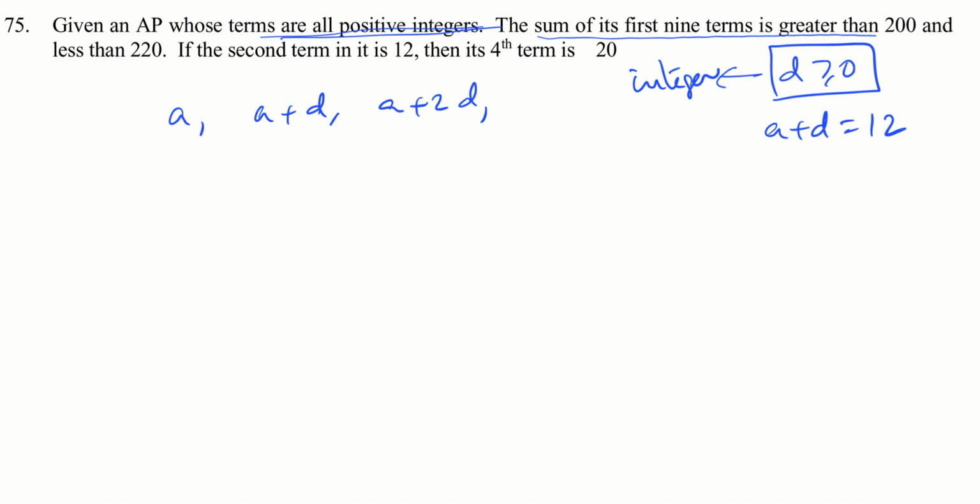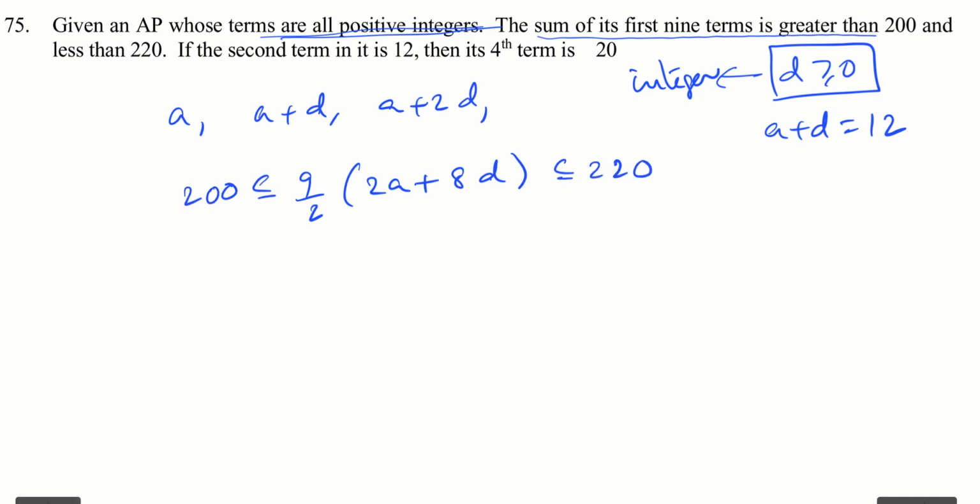I am going for the sum to 9 terms of the AP. It is n by 2 into (2A plus (n minus 1) into D). So he gave this lies between 200 and 220.